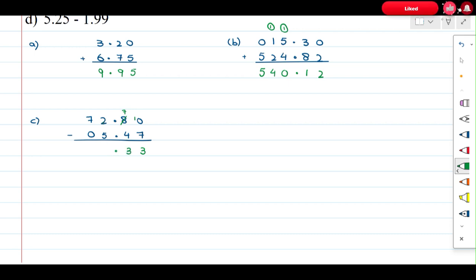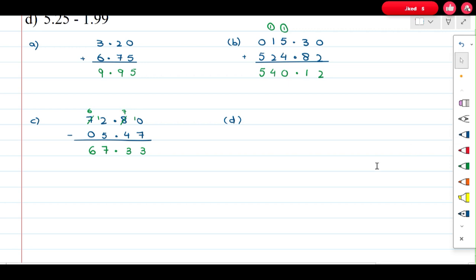Decimal. From 2 we cannot take away 5, so we borrow from 6, leaving 6, and give 1 to this 2, making 12. 12 minus 5 is 7, and 6 take away 0 is just 6. 67.33 is the simplified answer. Let me do part D.